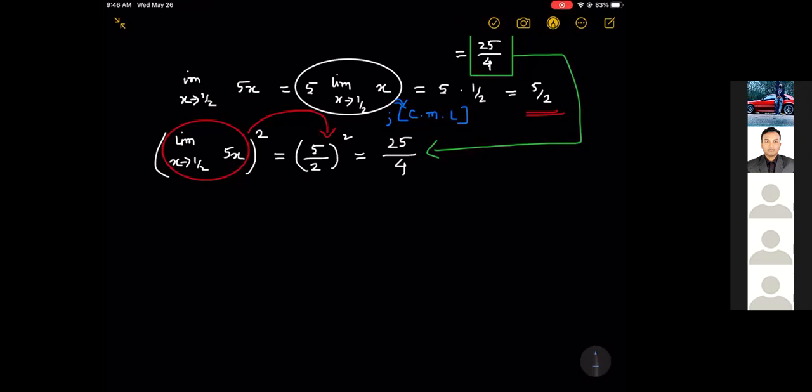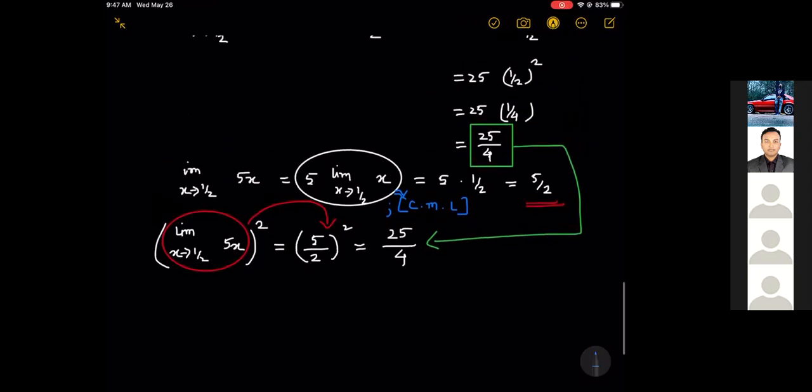Otherwise, if you don't want to use it, you're more than okay. But these laws are here to make our life easier. You will see examples. If you use this law, it will be solved within 2-3 lines, whereas if you don't use it, it will take more time. Anyway, whichever looks easier to you, definitely.